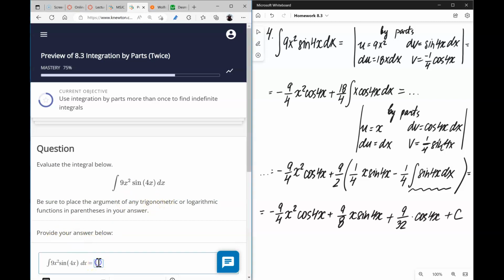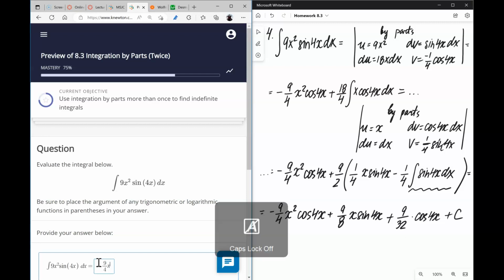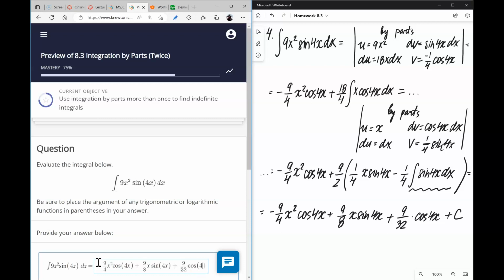That's the final answer. So let's type this up. I have negative 9/4 x squared cosine of 4x plus 9/8 x sine of 4x plus 9/32 cosine of 4x plus c.